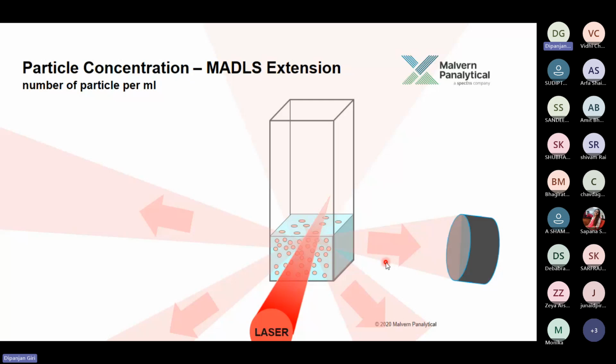So that's the next step that I want to show you, how it is measured, how the particles in a sample scatter light, and how they are measuring the concentration. Usually the number of particles per unit volume is the concentration.